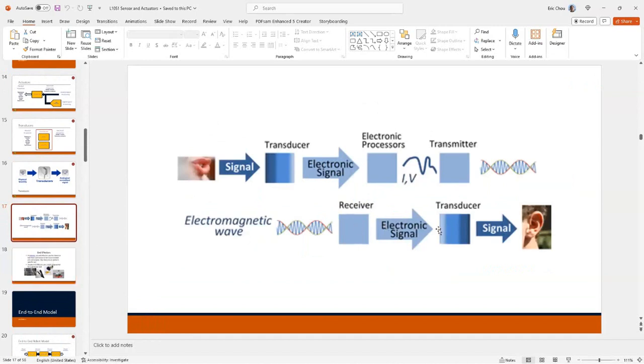So when you build a robot, you need to build an end-to-end model. End-to-end model means from the transmitting end of the signal or image to the receiving end of the image. Right here, this end-to-end model is an audio signal, and it gets translated to the other side.